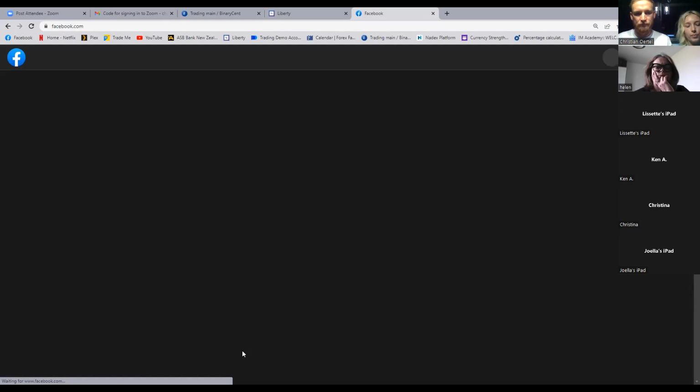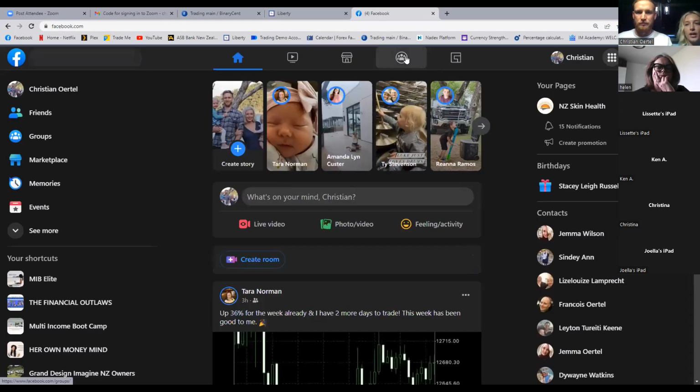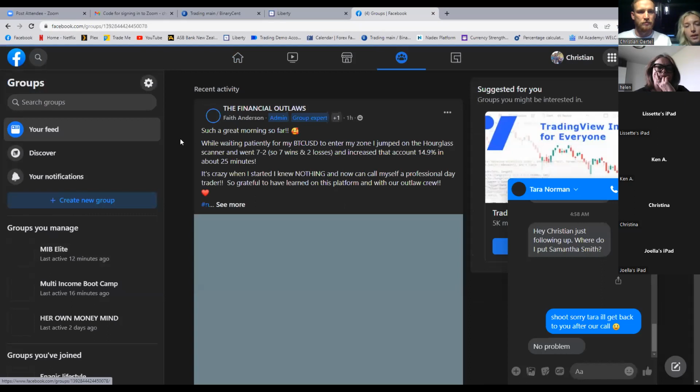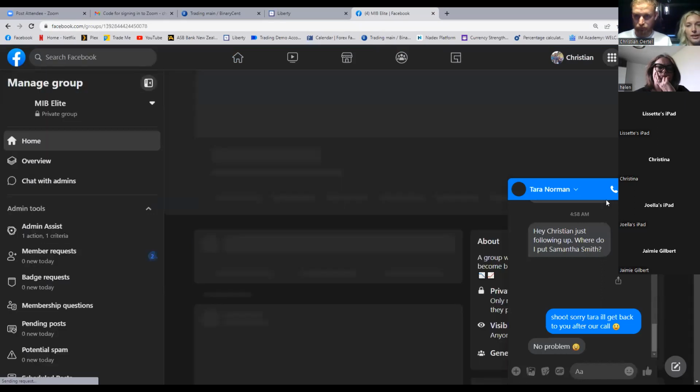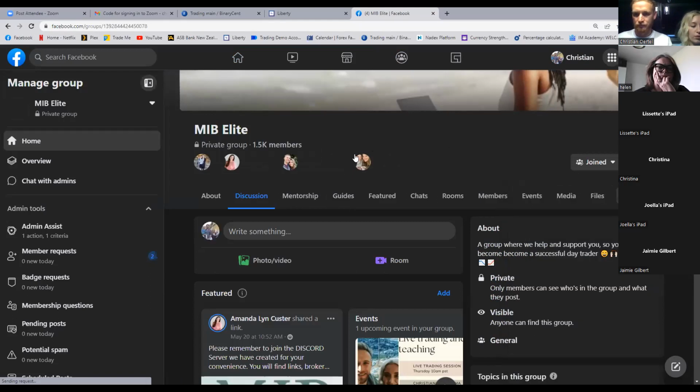The only difference between Binary Cent and Pocket Option is that Binary Cent has an option to roll your trades over, and that just means extending your time. So Pocket Option, you've got a set amount of time and you either win or lose, where Binary Cent, you can roll it over. So that's really the only difference between the two brokers.